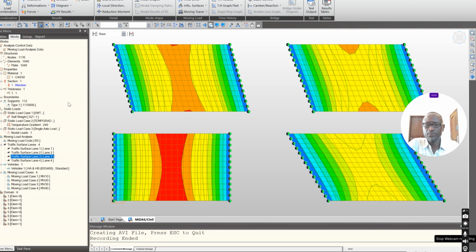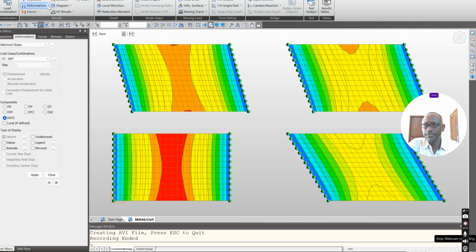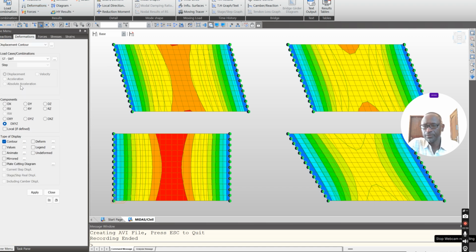So this is deformation due to self weight of the different angles. This is for 15, this is for 20, and this is for 30. When you look at the deformation effect, you can actually see how the whole thing changed.